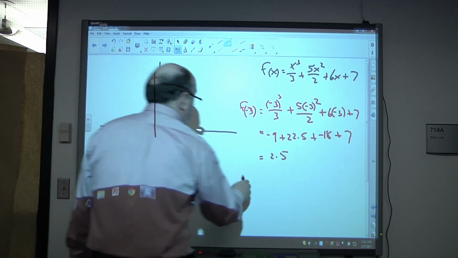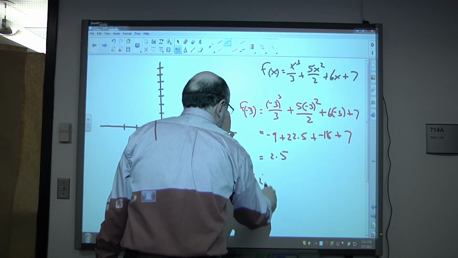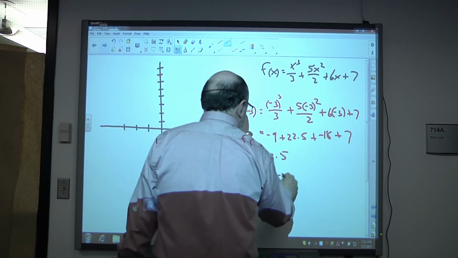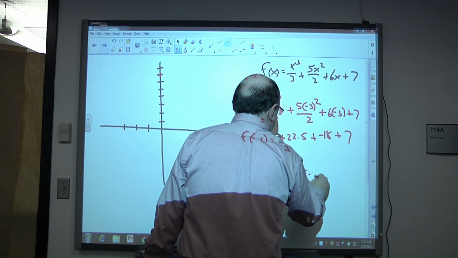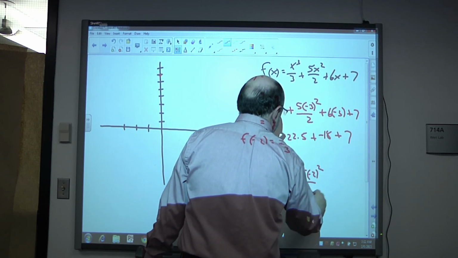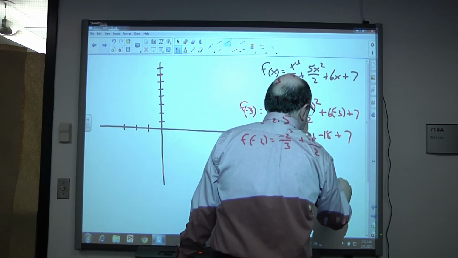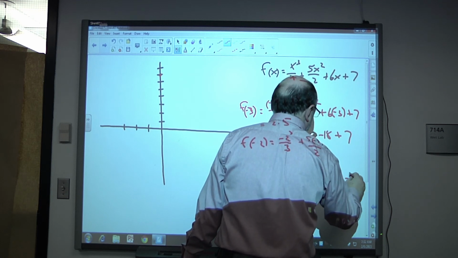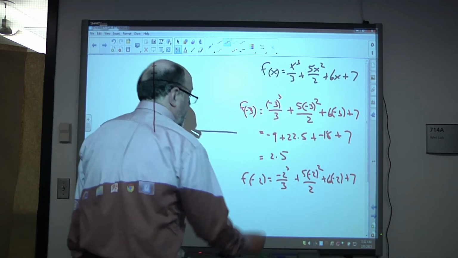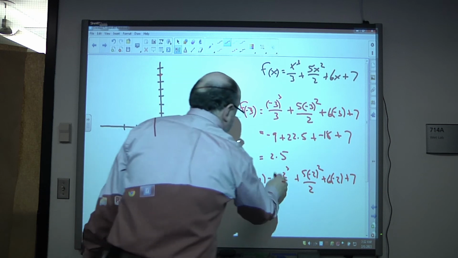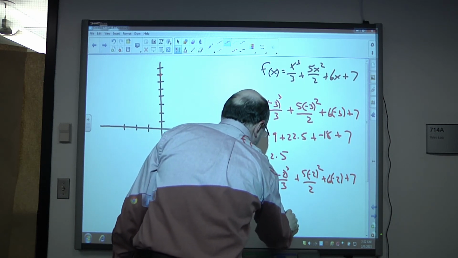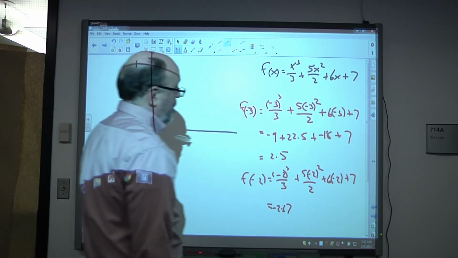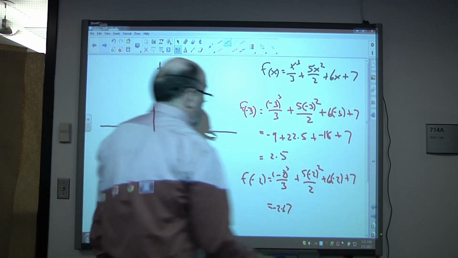And then if we do f of negative 2, we get negative 2 cubed over 3, 5 times negative 2 squared over 2, 6 times minus 2 plus 7. So this is going to be a minus 8/3, so a minus 2.67 roughly. 4 times 5 is 20 over 2 is 10.